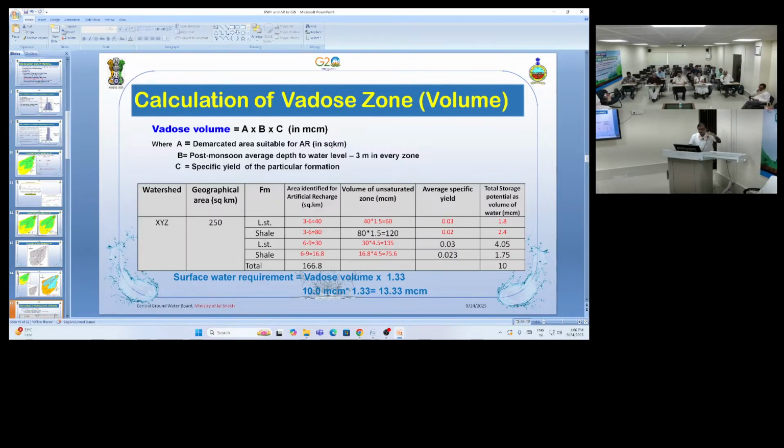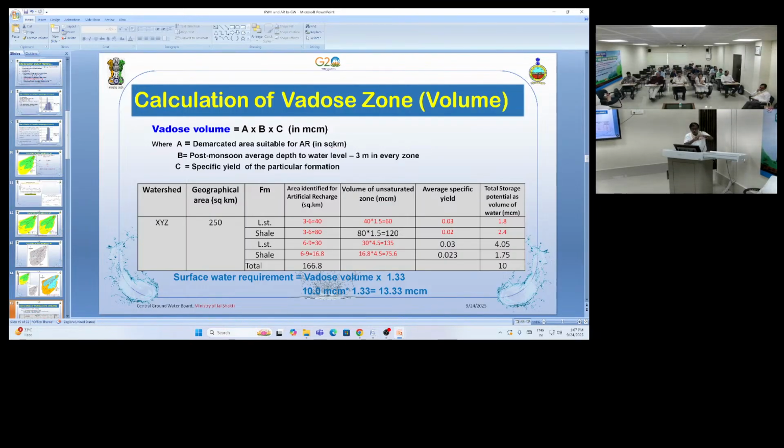Now suppose in this 3 to 6 meters, somewhere the water level may be at 5 meter, it may be at 4.5 meter. So below 3 meter, if you subtract the average water level, you will find say 1.5 meter. That is the gap, that area is available where we can recharge.